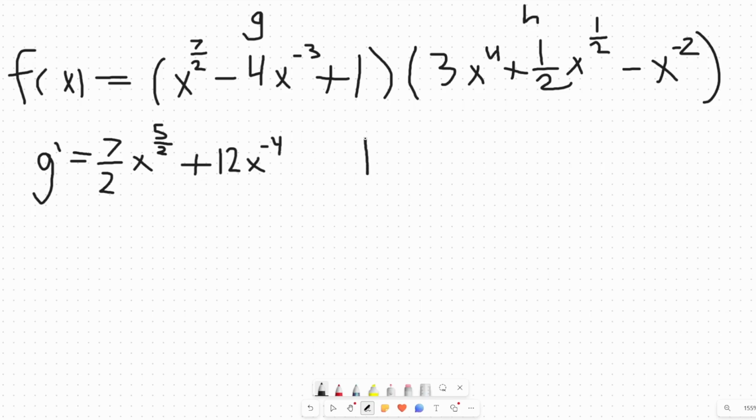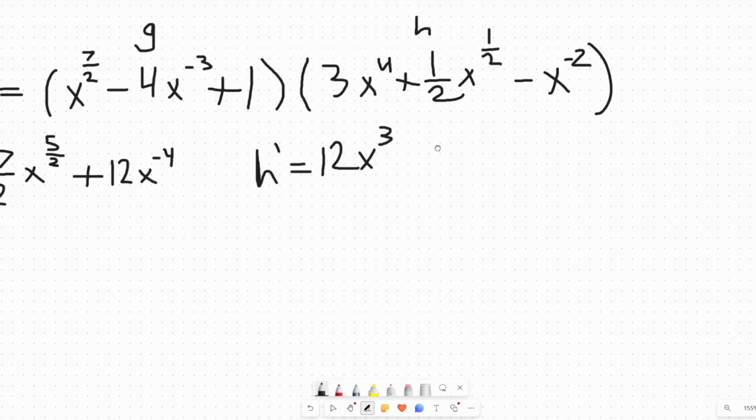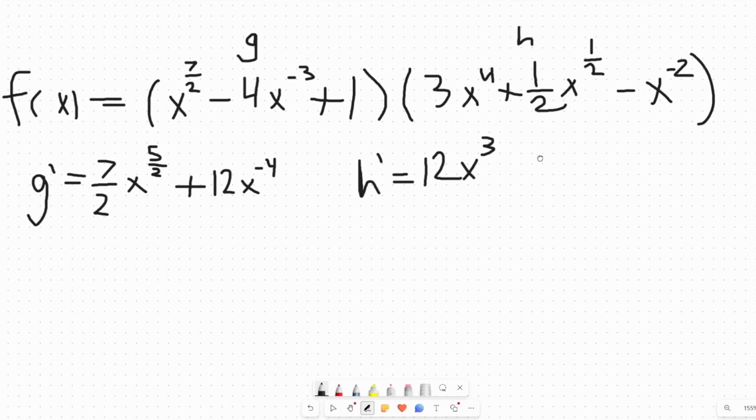Now h prime we have equaling to 3x to the 4, so that's 12x to the 3. All right, I'll keep it fully on screen. And then here we have 1 over 2 times 1 over 2, so it becomes 1 over 4. 1 over 4 x to the negative 1 over 2. And then plus 2x to the negative 3.